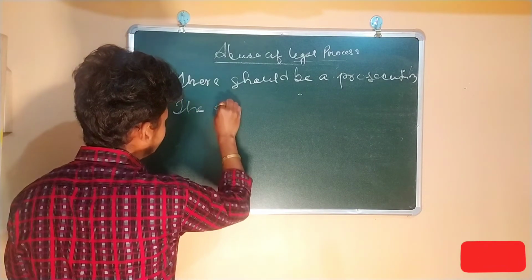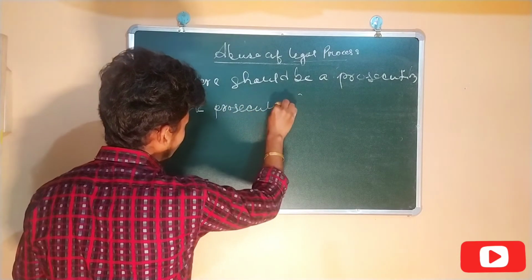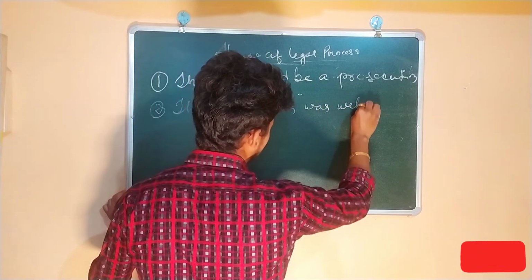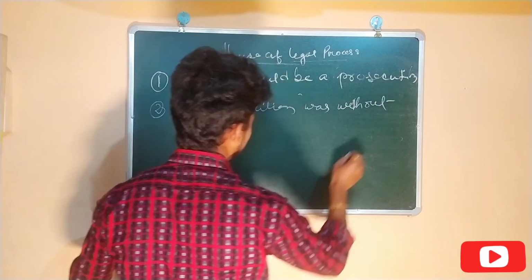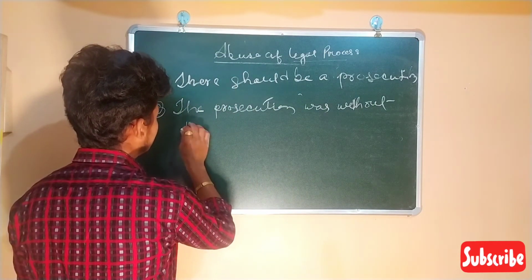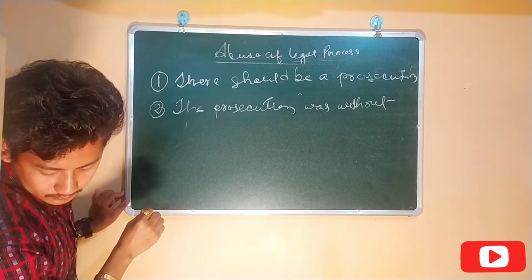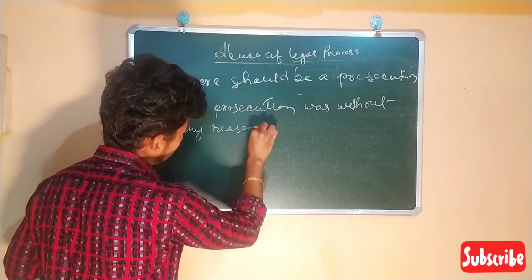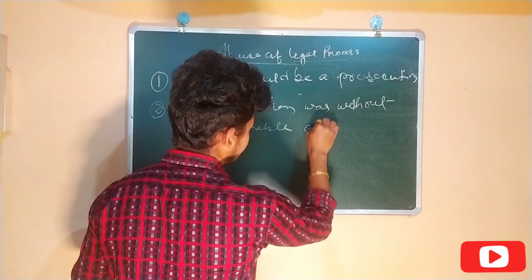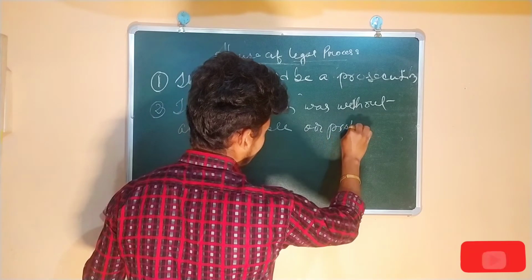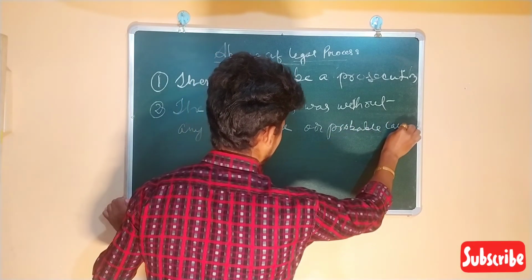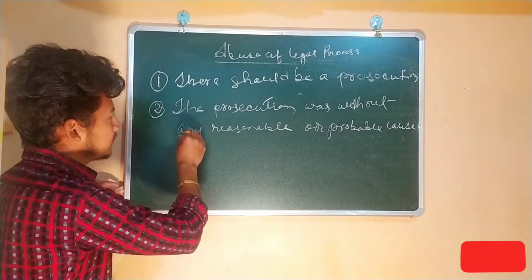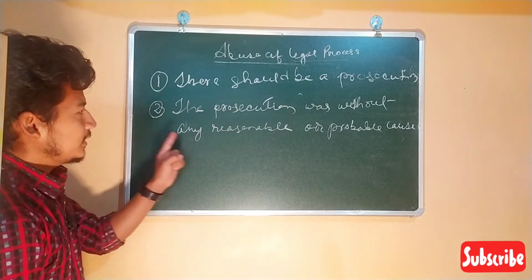The prosecution without probable cause. Okay, so the second essential is that the prosecution was without any reasonable or probable cause.